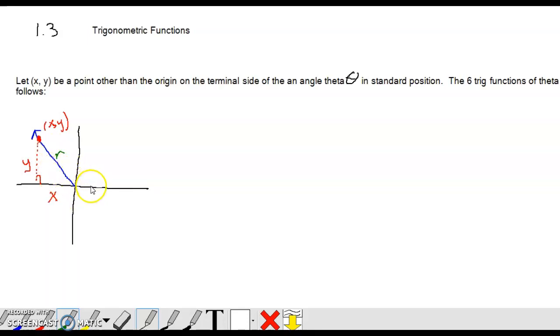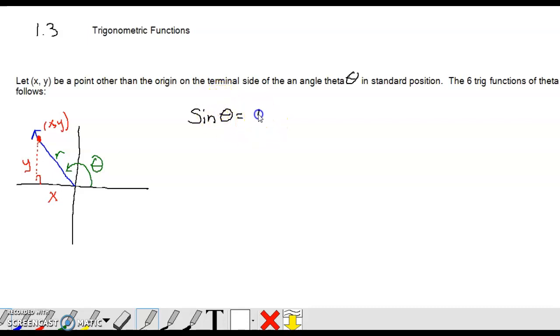And our angle is, again, here's our initial side. This is our terminal side. So this would be our lovely theta, okay? And so everything kind of falls in the fact of this kind of triangle. And so our 6 trig functions are as followed. Our first one is the sine of theta, right? So again, we don't know what that degree is.